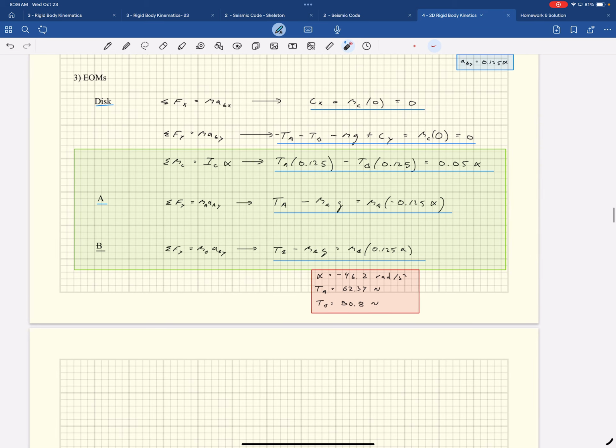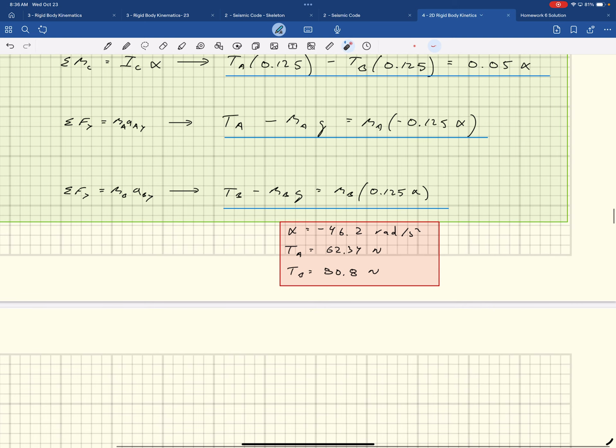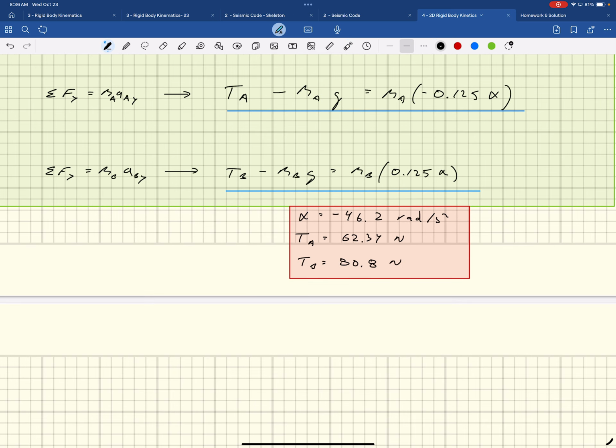Oh, that part. Great question. I actually do it here. You're right, the problem said, what is the height of it? So this comes back to stuff you don't like to do. If I know the acceleration, AB just ends up being equal to 0.125 alpha, which is negative 5.77 meters per second squared.